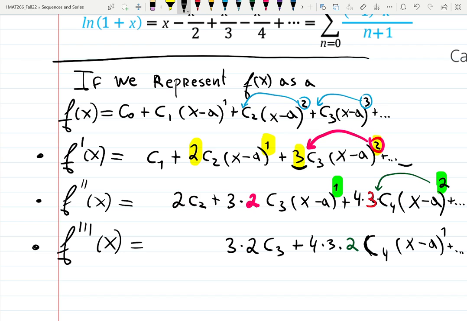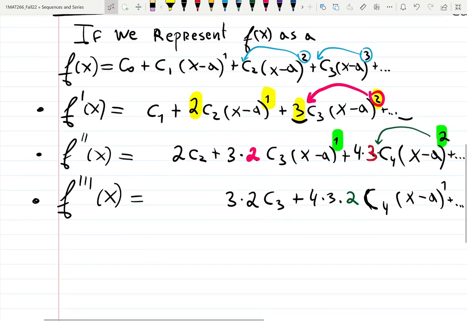Keep going. So as you can see, we keep moving to the right with the isolated coefficient, and we have a pattern. We do have a pattern here: 4, 3, 2, 1, 3, 2, 1, 2, 1, 1. So we can see some kind of counting pattern because of the power rule.